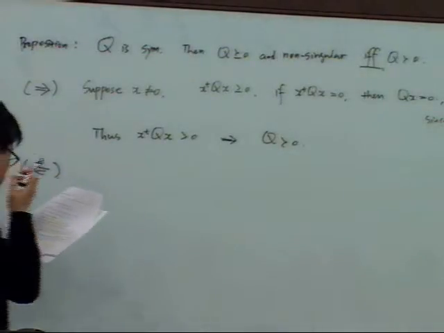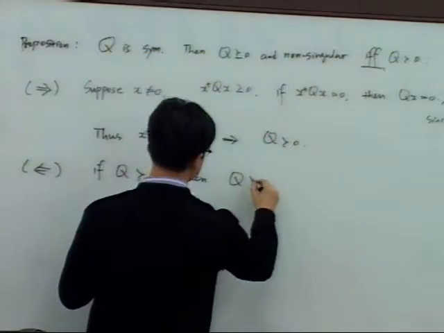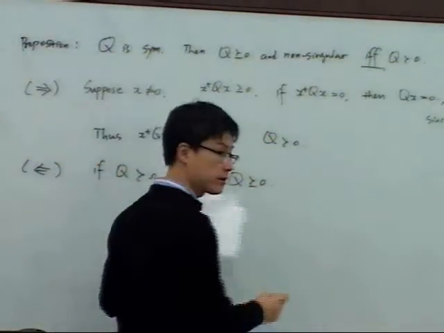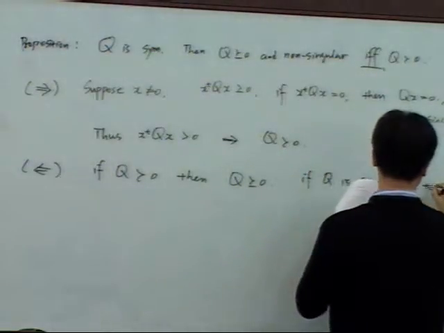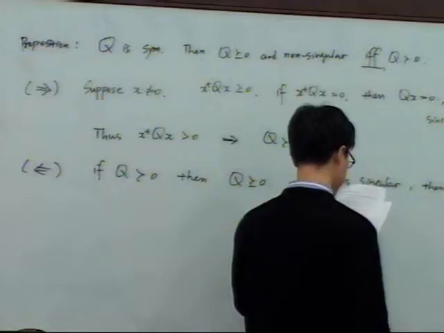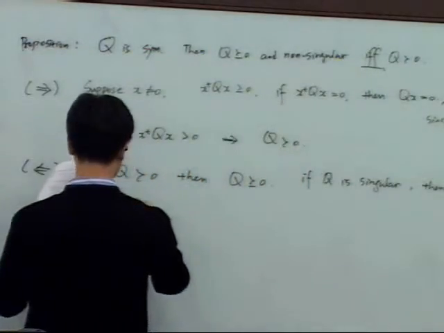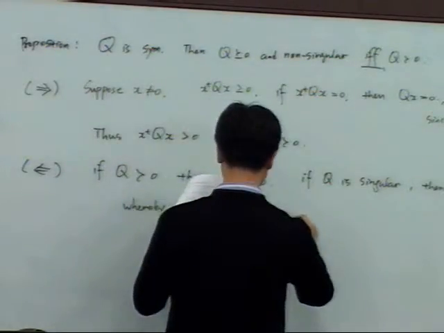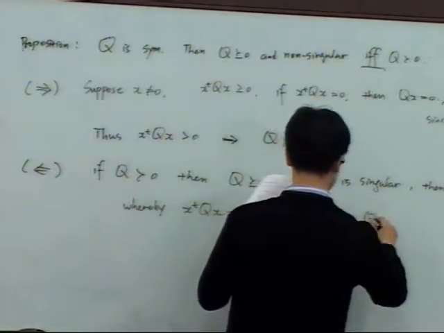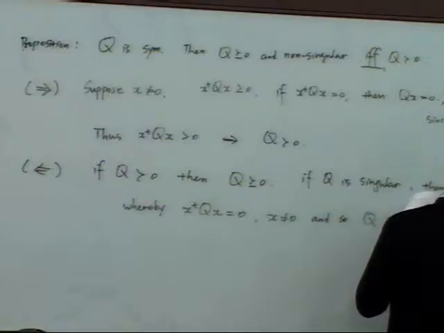Okay? The other way around. If Q is positive definite, then Q is positive semi-definite. It's very straightforward. If Q is singular, then Qx equal to 0 has a non-zero solution, whereby x transpose Qx is 0 and x is not 0, and so Q is not positive definite, which is also a contradiction.